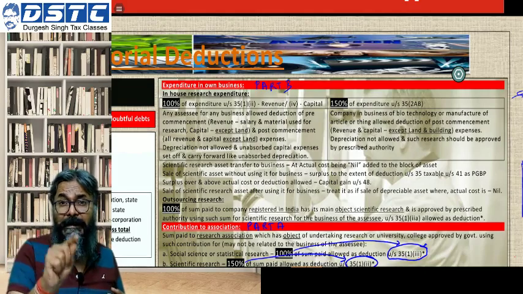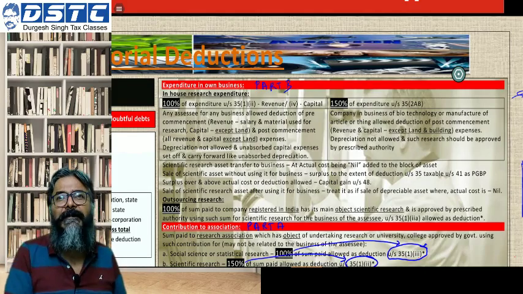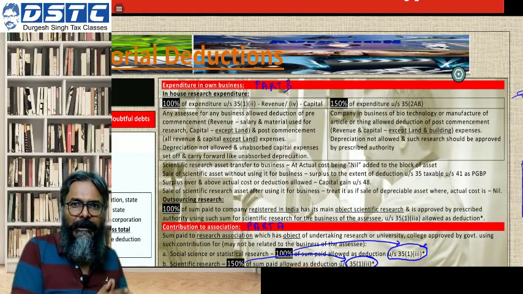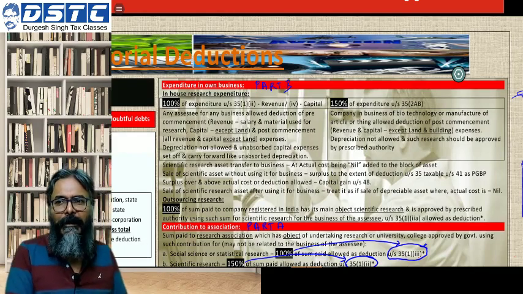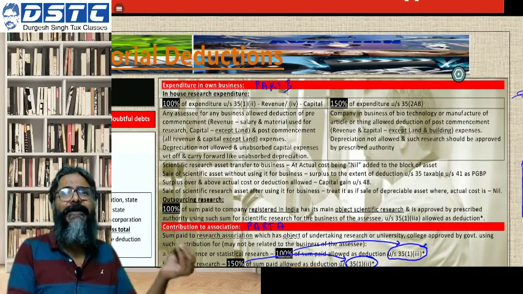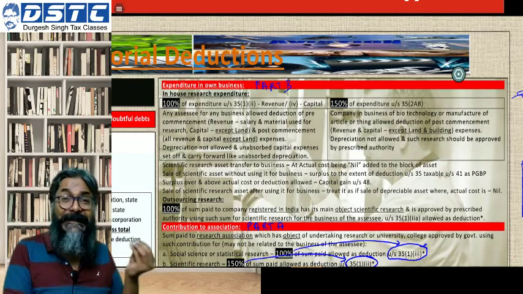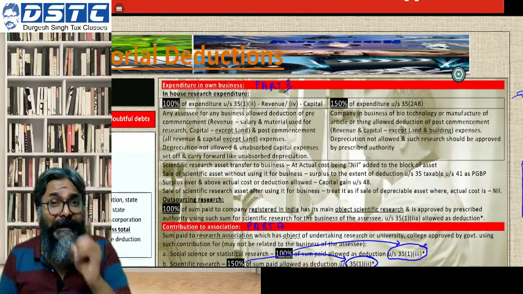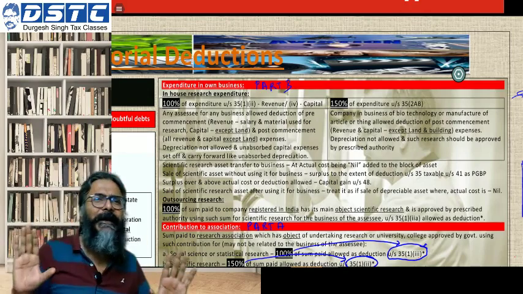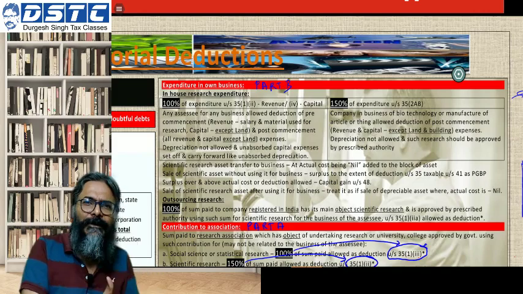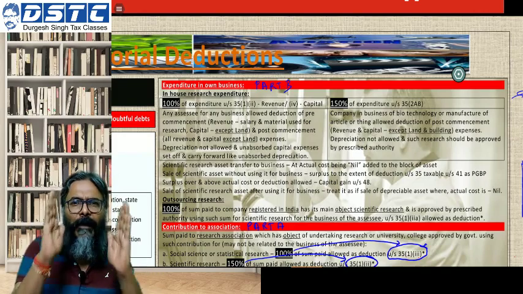Yesterday while I was discussing, I was giving you some examples: look, I am doing manufacturing, I am doing research, and in my manufacturing or business, when I engage in research, then this expenditure is in the nature of capital expenditure. Revenue expenditure, we all are aware, is allowed as a deduction as per the normal accounting principle.